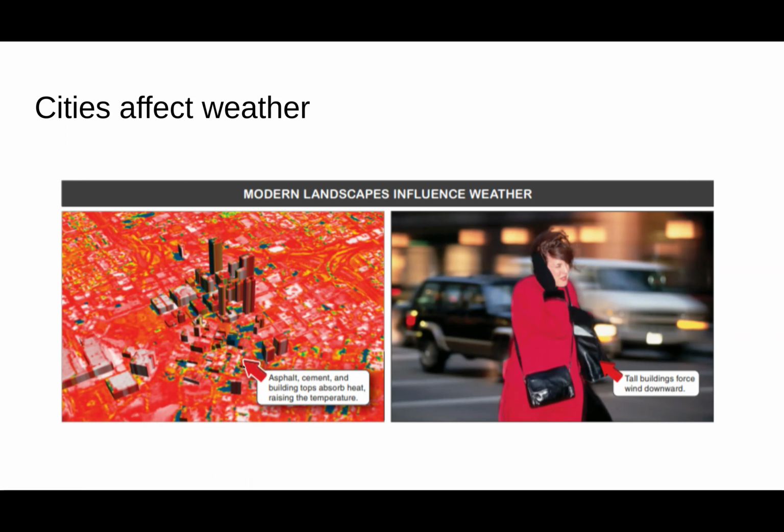So one of the interesting things you get in cities is what's called the urban heat island effect, meaning that all this city material is absorbing lots of heat, making cities warmer than the surrounding areas. I live about 30 miles outside the city. It is about 10 to 15 degrees cooler where I live than it is in Boston, simply because there are not as many of those building materials.